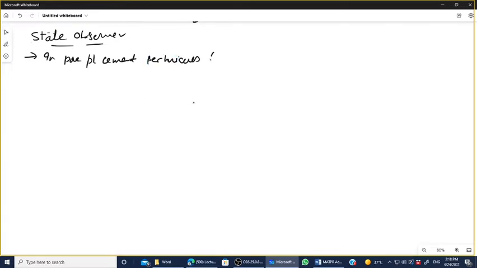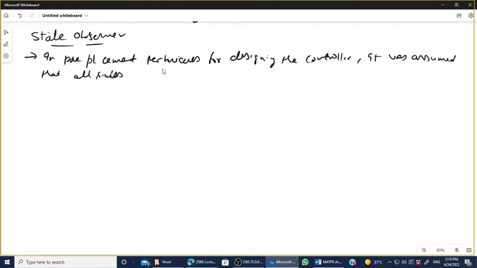for designing the controller, it was assumed that all state variables are available at feedback.